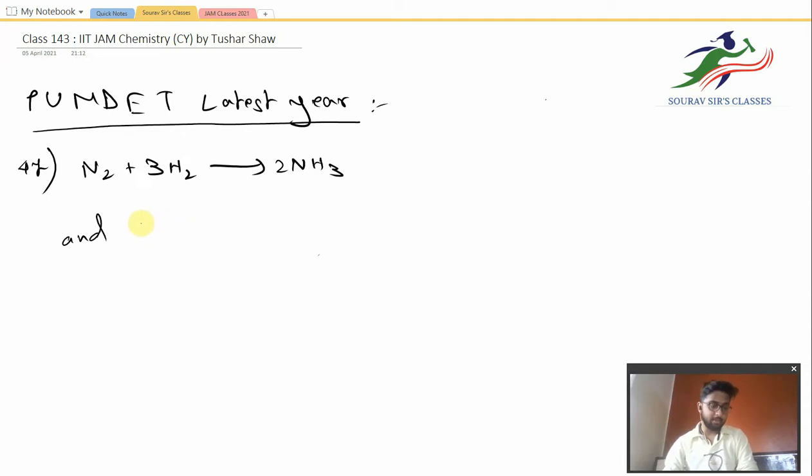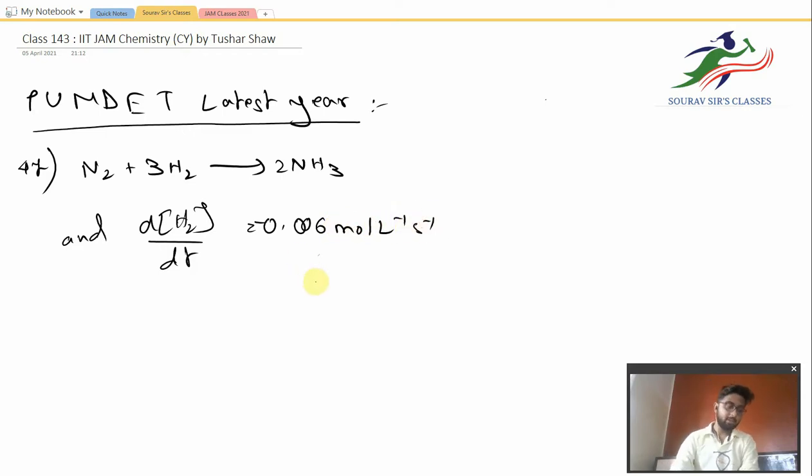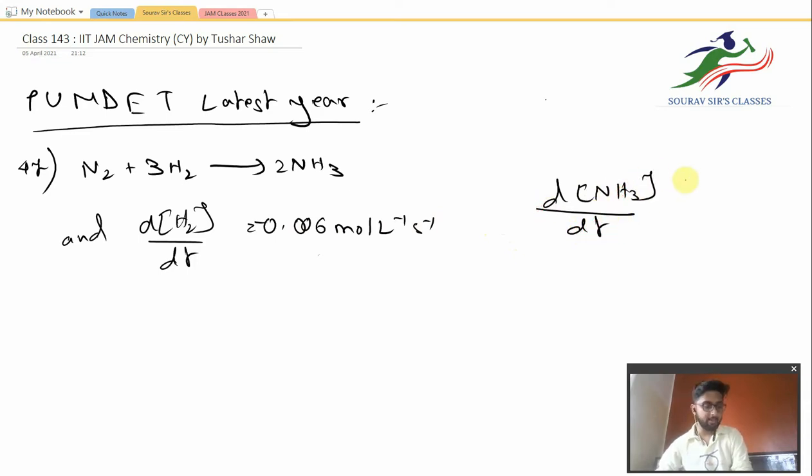So dH2 by dt is equal to minus 0.006 mole liter inverse second inverse. This is at a certain instant. Now the value of dNH3 by dt at that instant is asked.